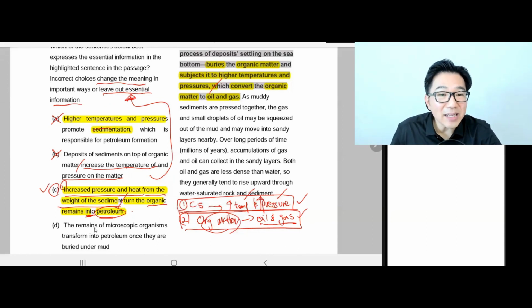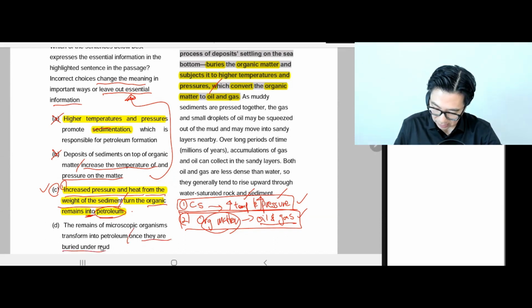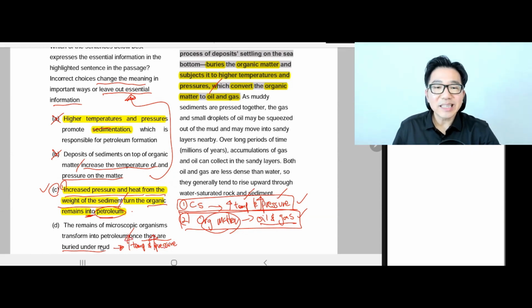D, the remains of microscopic organisms transform into petroleum once they are buried under mud. What's wrong here? Okay, what's missing? As the temperature and pressure rises through continued sedimentation. That's missing.